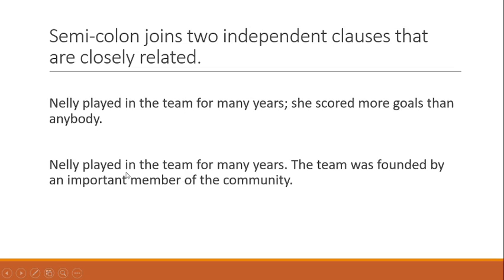For example, Nelly played in the team for many years. The team was founded by an important member of the community. The information about the team here doesn't relate to Nelly playing in the team. So there are two completely unrelated ideas. That's why we don't join them with a semicolon.